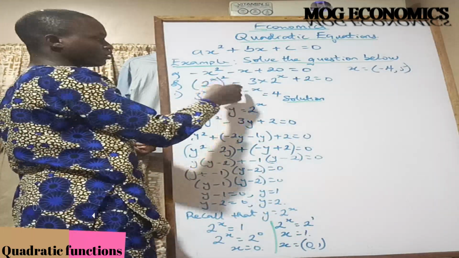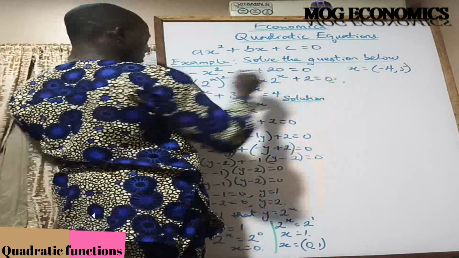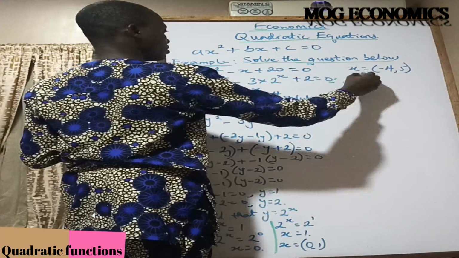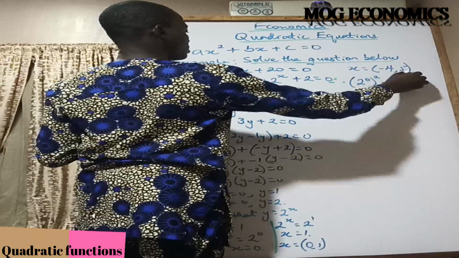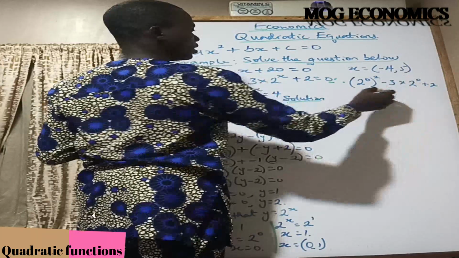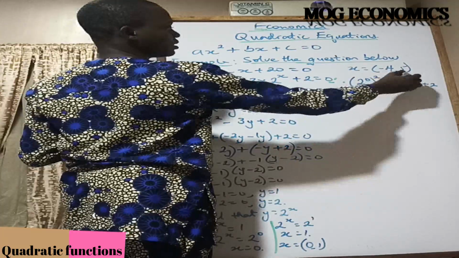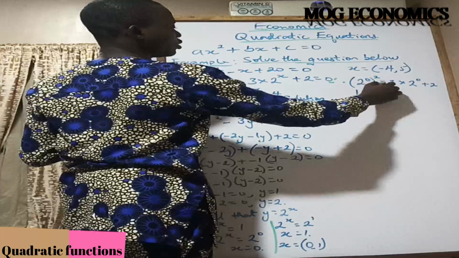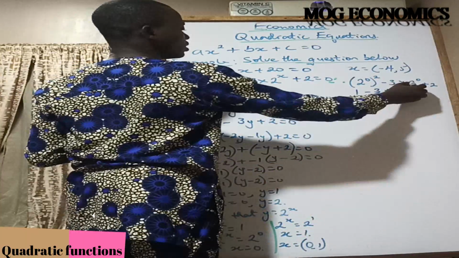So I'm going to have 2 raised by 0 squared minus 3 times 2 raised by 0 then plus 2. 2 raised by 0 is 1, so 1 squared is 1, minus 3 times 1, so minus 3, then plus 2. 1 minus 3 is minus 2, minus 2 plus 2 is 0.